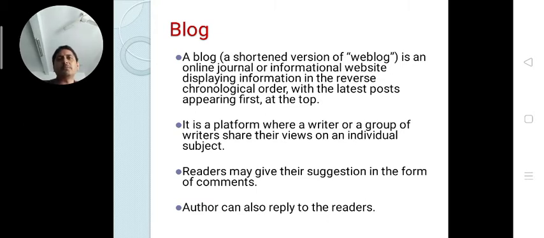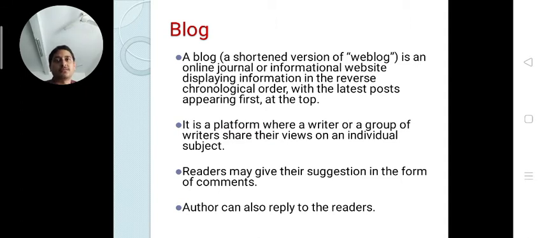So weblog, shortened to blog, is an online journal or informal website displaying information in reverse chronological order. Reverse chronological order means the last thing comes first.